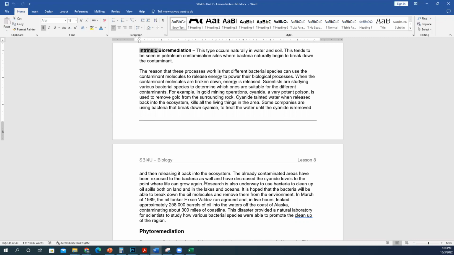Back in 1989, when the Exxon Valdez ran aground and released 250,000 barrels of oil into the waters off the coast of Alaska, it contaminated about 300 miles of the coastline.